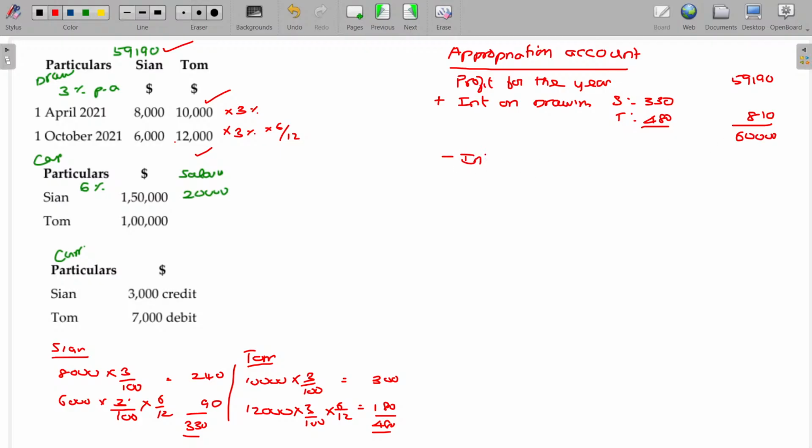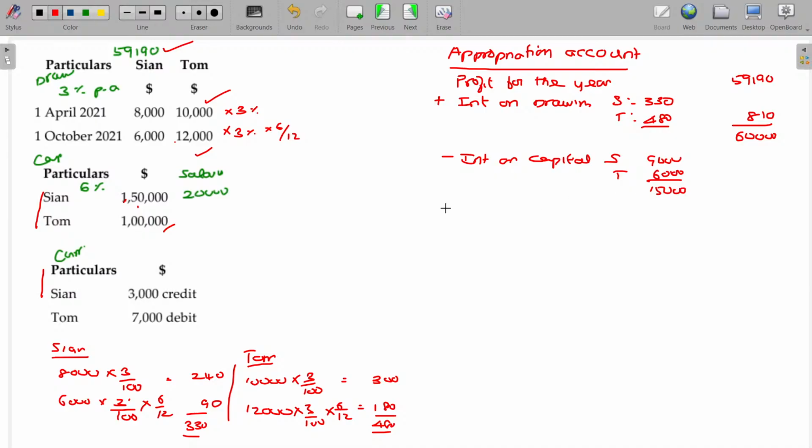Minus interest on capital. Interest on capital for Sian and Tom. Interest will not be carried on current accounts, only the capital account is eligible for interest. 6% on 1,50,000 is 9,000 rupees. 6% on 1,00,000 is 6,000 rupees. Overall value being 15,000.